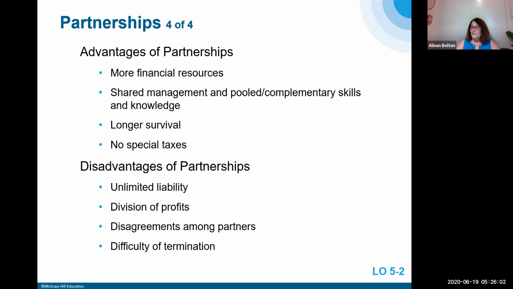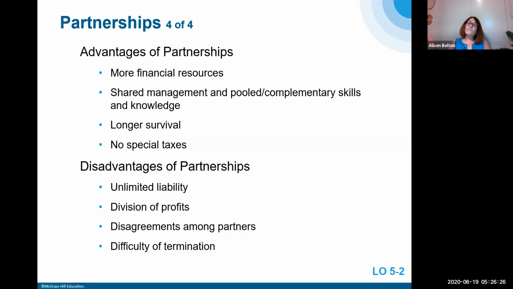As I briefly mentioned earlier, more financial resources. The more partners, the more financial resources available. That means if I need a loan, I could go out and get it. But now if you have 3 more people with you, you have 3 more people who can go get loans, which is wonderful. Whomever the party is that they're getting it from, it's a different story.